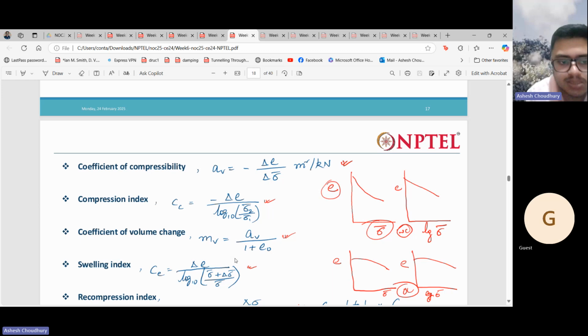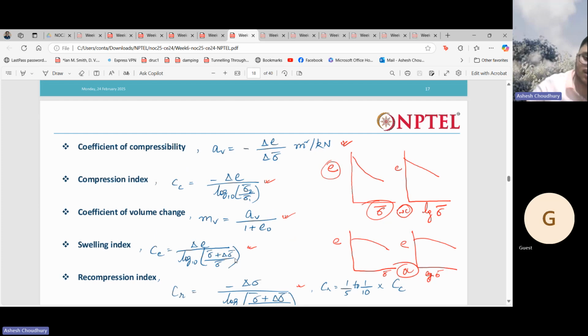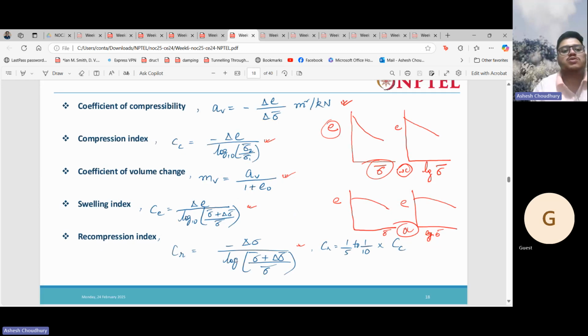Then you have the coefficient of volume change, mv, then you have the swelling index, that is the swelling curve, then you have the recompression index, this is the recompression curve in the e versus log of effective stress space. So the main ones you have to remember here are Cc, compression index, coefficient of compressibility av, and mv, coefficient of volume change. These three you have to remember only.